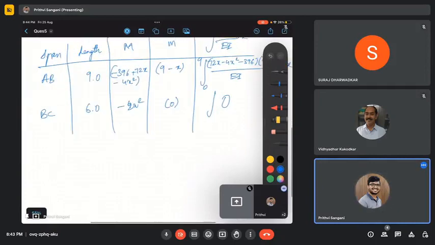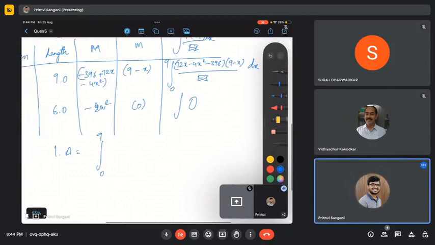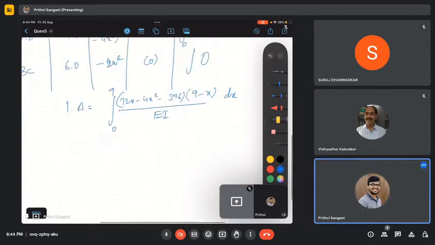1 times delta is the integral from 0 to 9 of 72x minus 4x square minus 396 times (9 minus x) by EI dx. So delta will be, I got it as minus 9477 by EI.